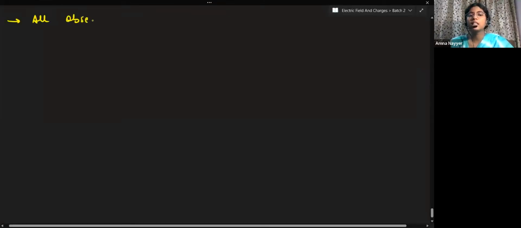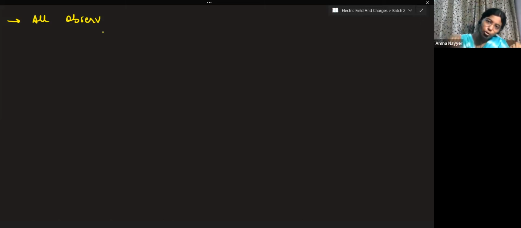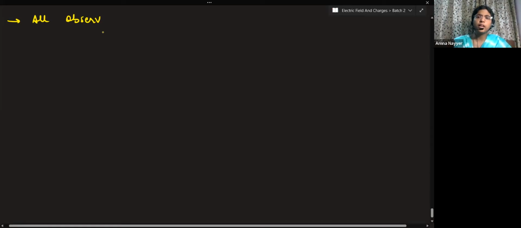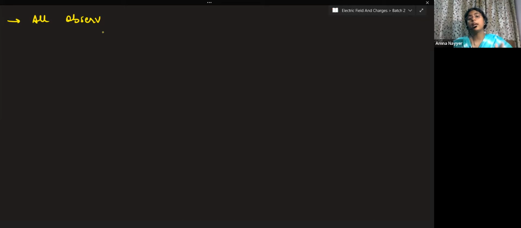No charge other than an integral multiple of 1.6 into 10 to the power minus 19 is possible. Whatever number you take, you ultimately have to multiply it with 1.6 into 10 to the power minus 19. That's what we have seen. When I had taken plus 4, there also I had to multiply 4 with 1.6 into 10 to the power minus 19.